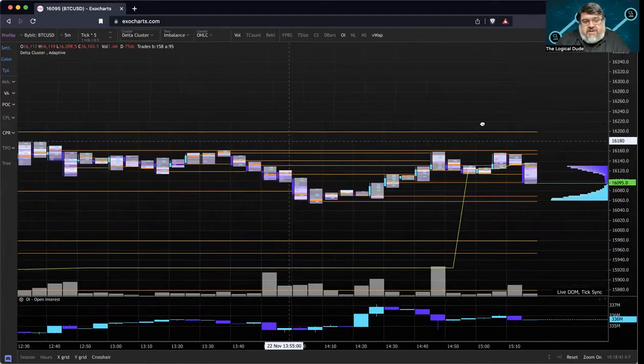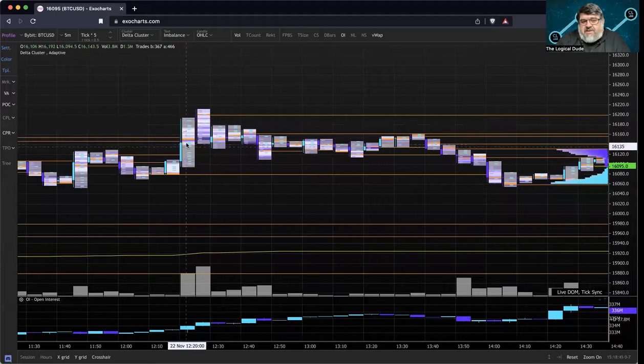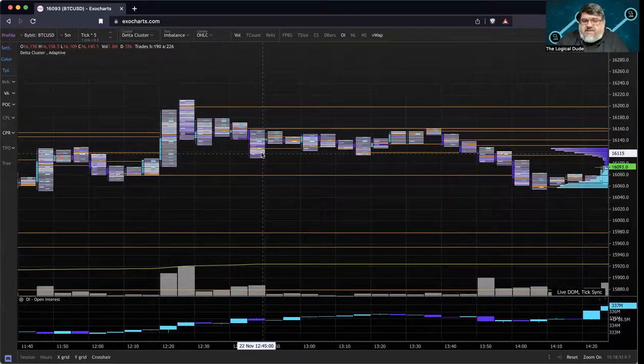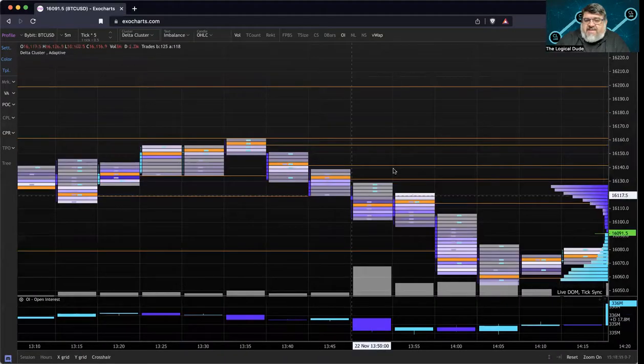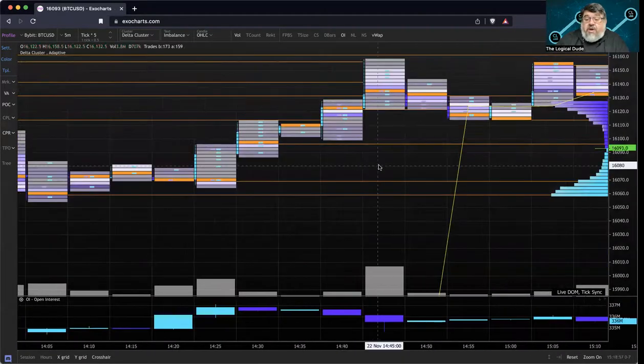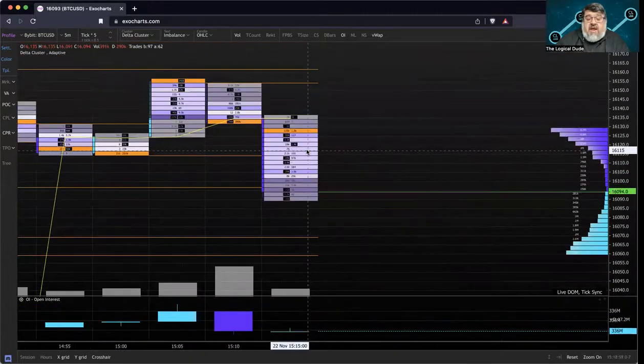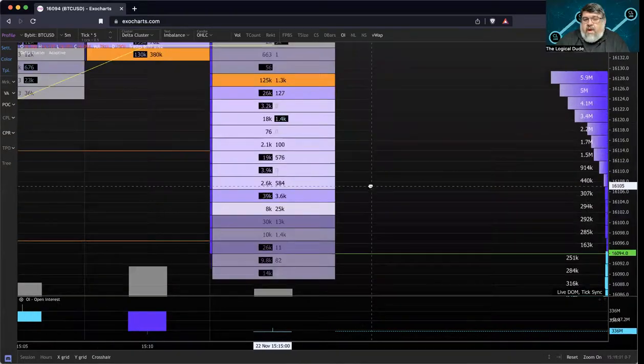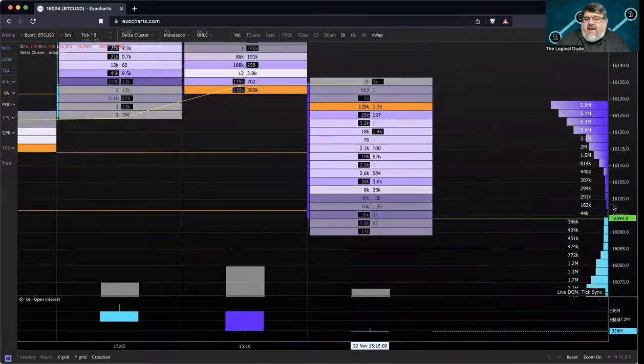There were traders in this area that got stuck. You probably had people here that were trying to long, thinking we were going long. Well, we didn't. We got stuck. So you've got traders that are going to be in this area here. And that's what you can see in a lot of this data: where traders are getting stuck.